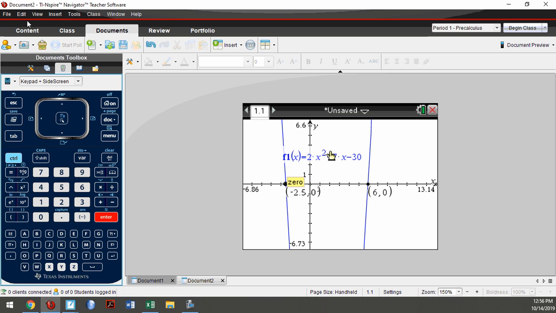Problem 9 through 16 is where you're going to write the equation in standard form, identify the vertex, find the x-intercepts, and then check it graphically. That was my new calculator. 17 and 18 is the vertex and the point, and then 19 and 20 is graphically. Any questions on tonight's homework? Okay, have a great day.